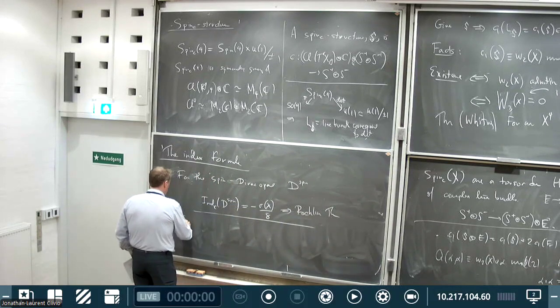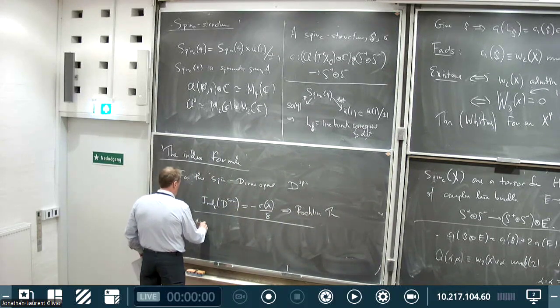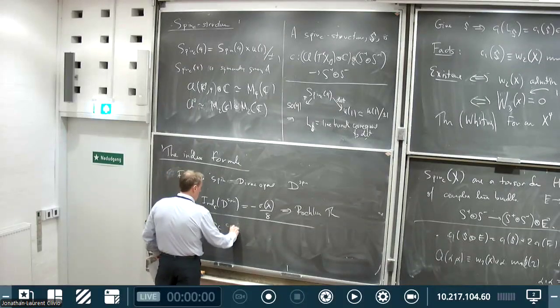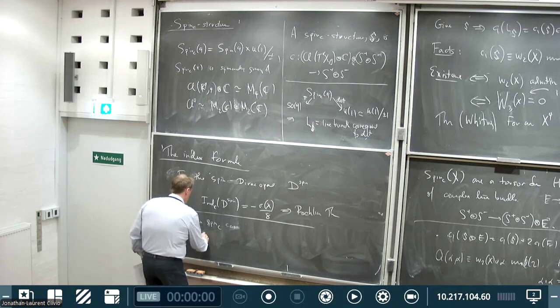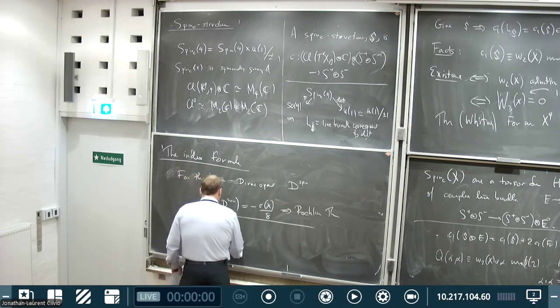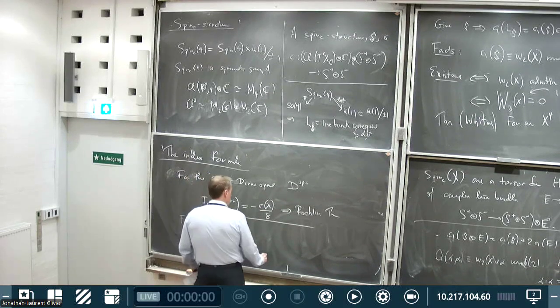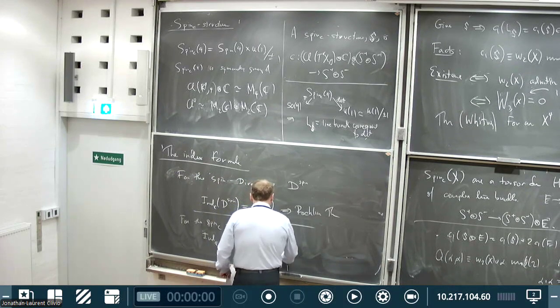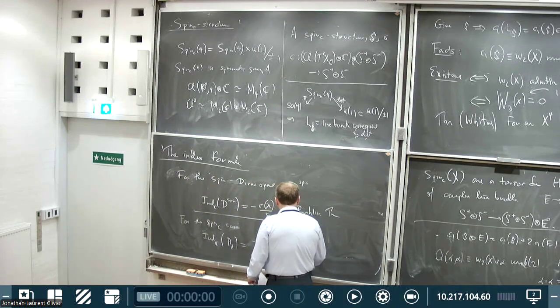For the spin C case, the index against C of e to the A is what? Well, there's still this thing, but there's also c1 squared.